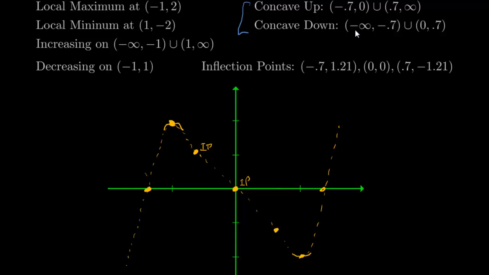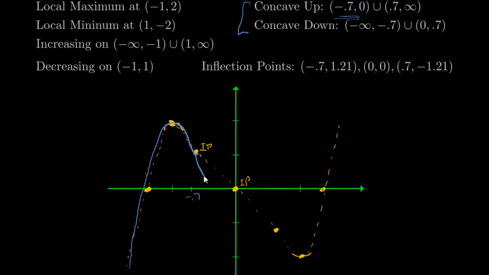So from negative infinity to negative 0.7, here's that negative 0.7. From negative infinity all the way out to negative 0.7, we are concave down. All right, so that looks like that opening down parabola. And then from negative 0.7 to 0, we're concave up.